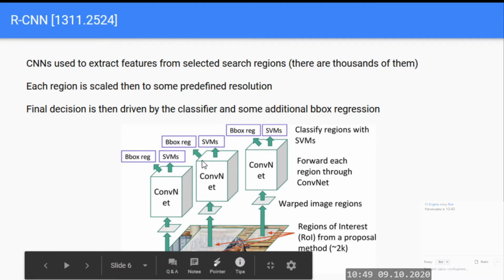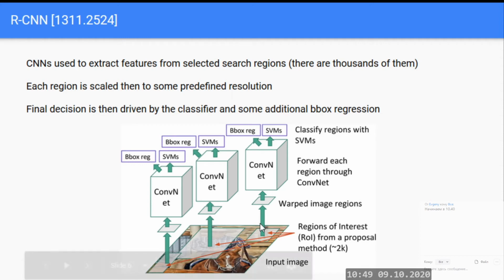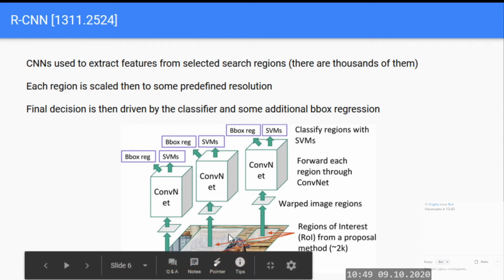So we calculate our feature maps for the final decision of bounding box regressors and classifiers just once. We calculate all the needed features of the entire image. So we just run all the convolutions over the image, store it, and reuse it in all the region proposals that we have.